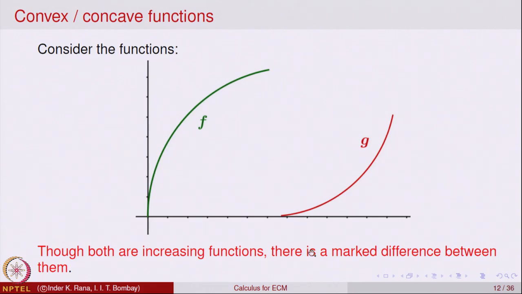What we are saying is there is a marked difference between the quality of the two graphs, though both are differentiable and increasing. So, geometrically we can say that the graph of f is bending away from the x axis, whereas the graph of g is bending towards the x axis.